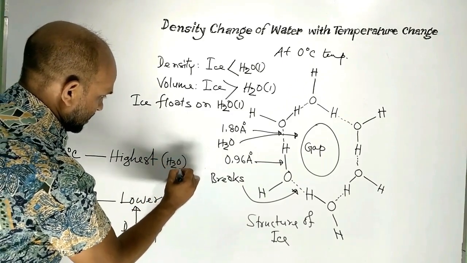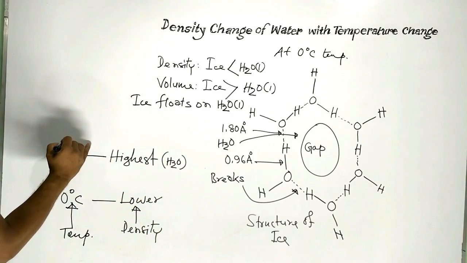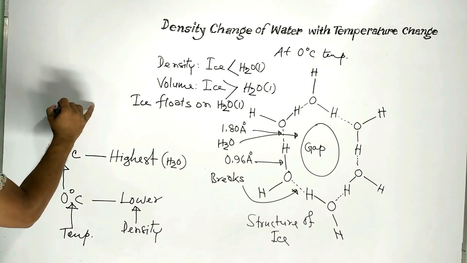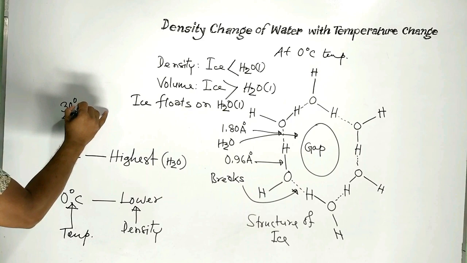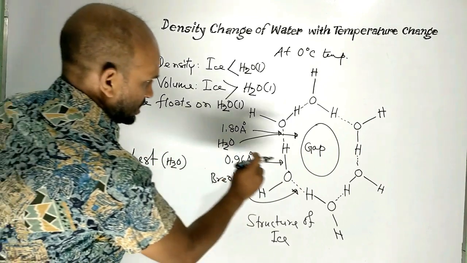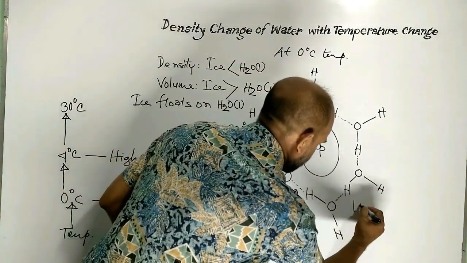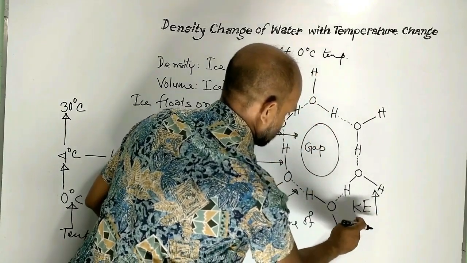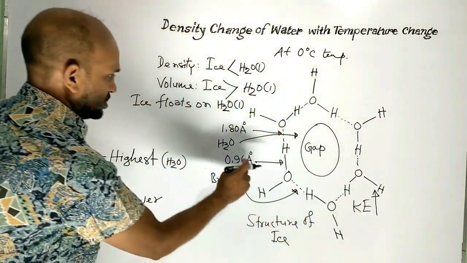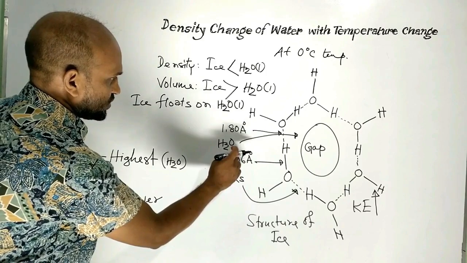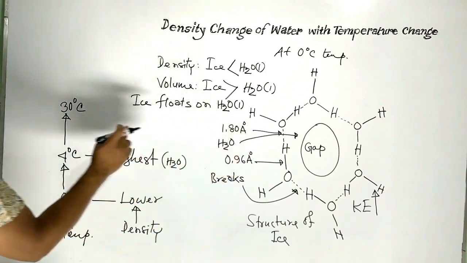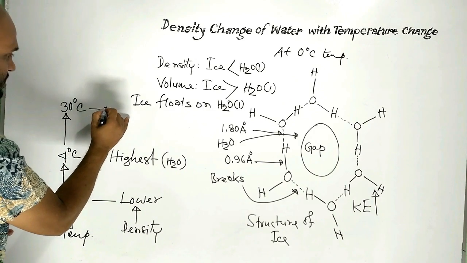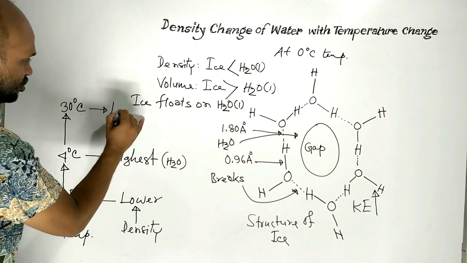As a result, density of water becomes higher. But when its temperature increases gradually, suppose at 30 degrees Celsius temperature, kinetic energy of water molecules increases. As a result, water molecules move away from each other. So, at 30 degrees Celsius temperature, density becomes lower again.